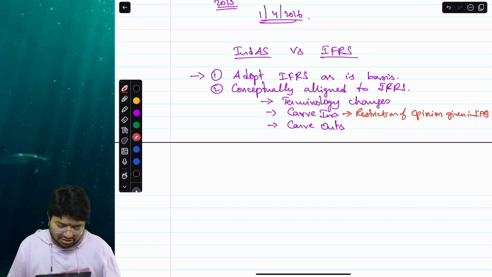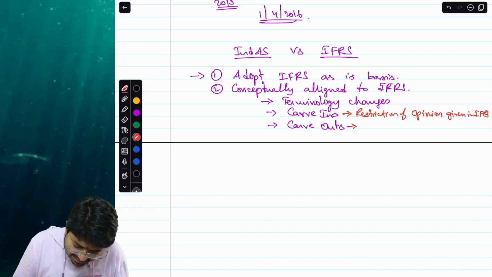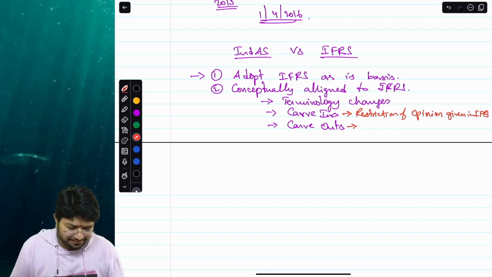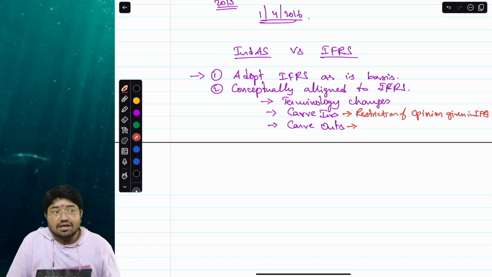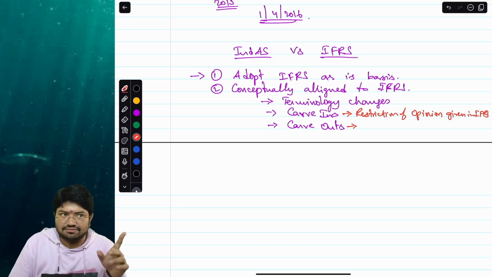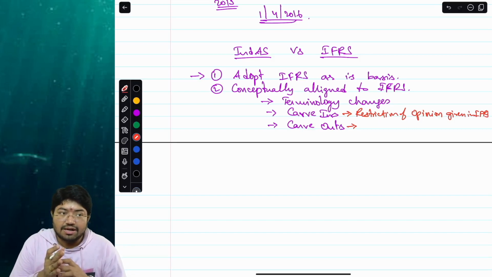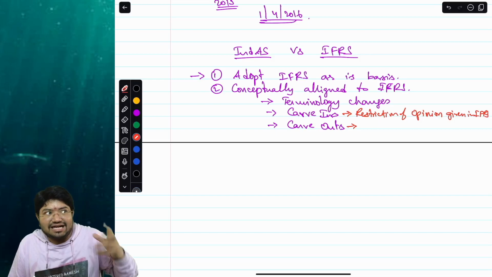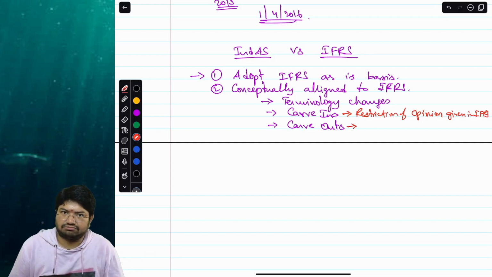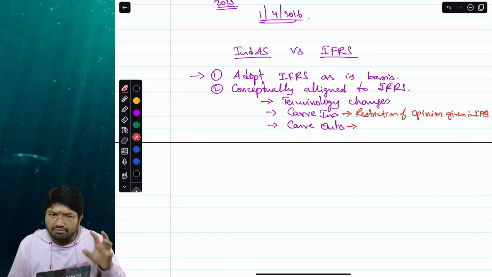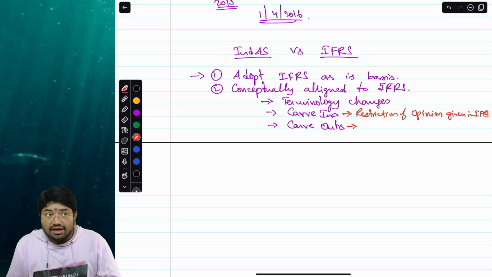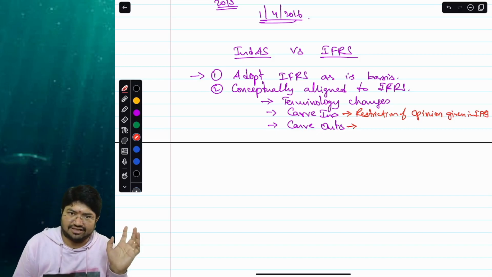Second is carve-outs. What a carve-out means: under IFRS, there is something which is conceptually there, but I am different from what is there in IFRS. That means I am conceptually different from what is there in IFRS. Okay.